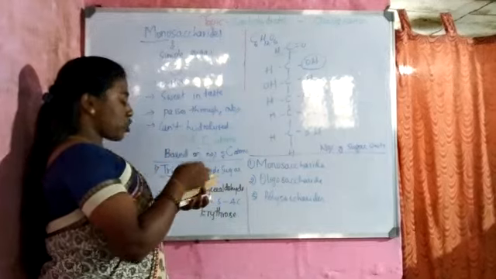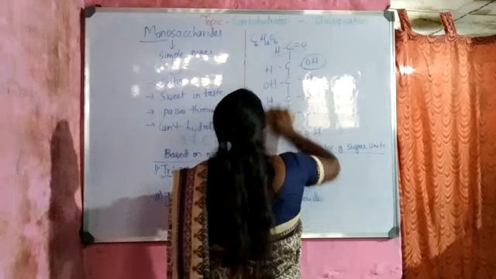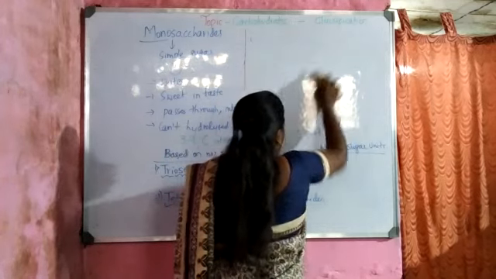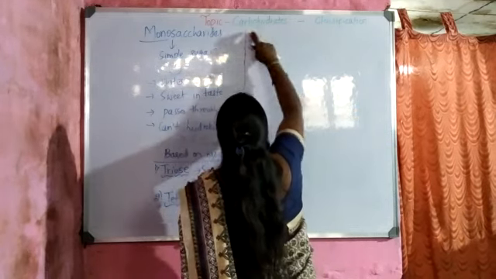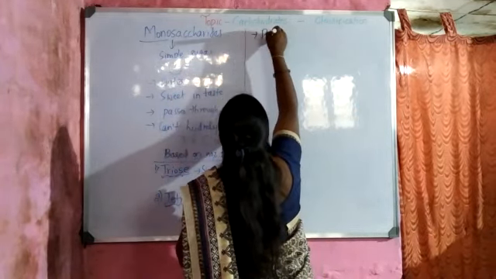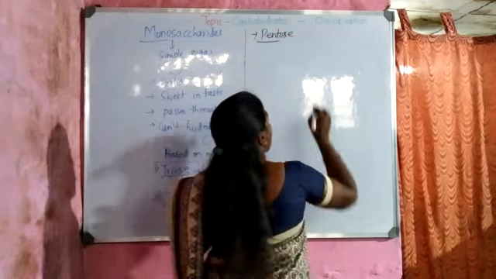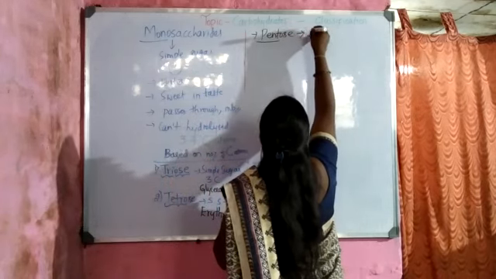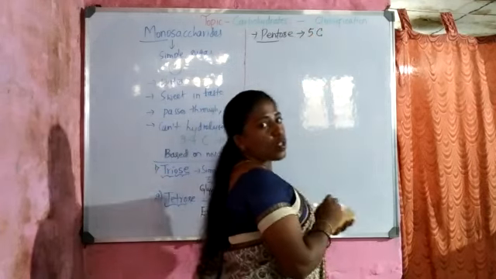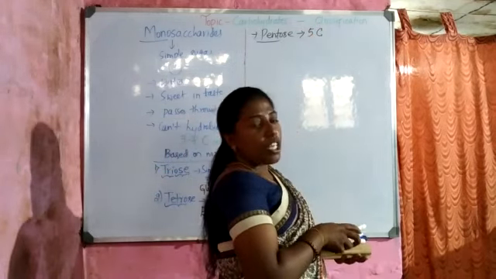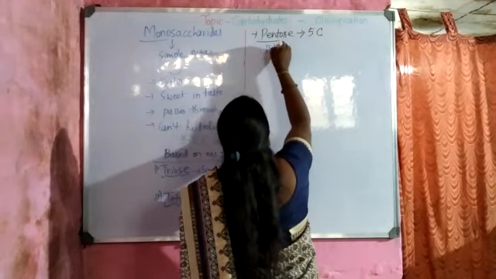The next monosaccharide is pentose. Penta means how many? It is 5. So these are simple sugars made up of 5 carbon atoms. Example for pentose is ribose.